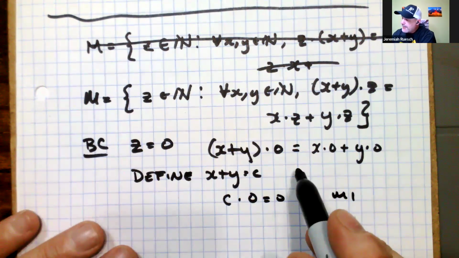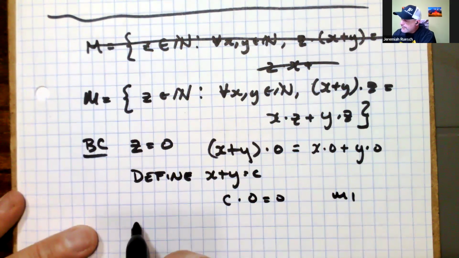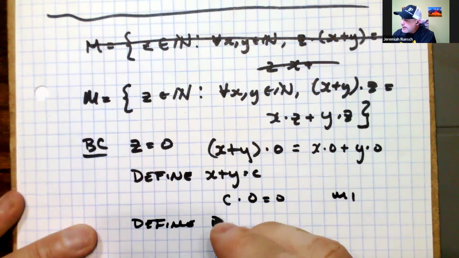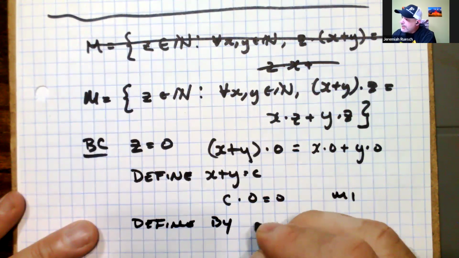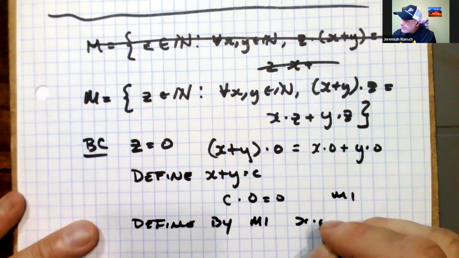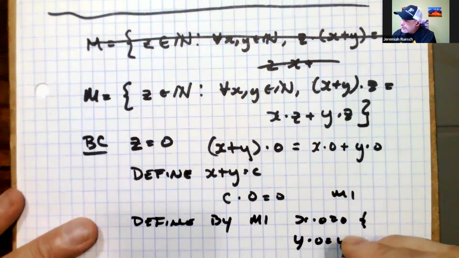Then similarly by M1, x times 0 equals 0 and y times 0 equals 0.